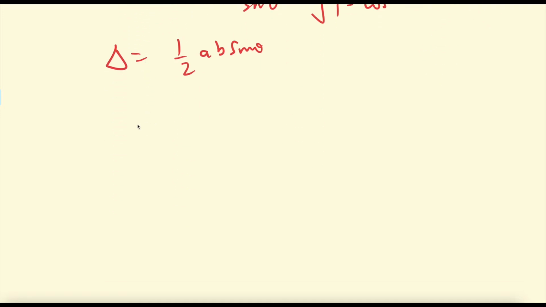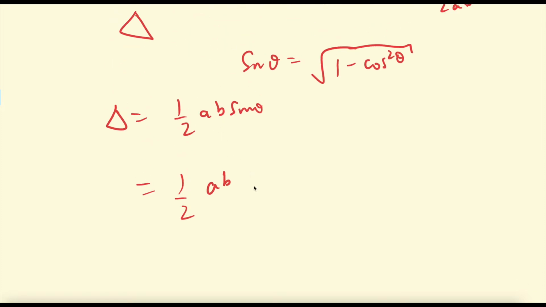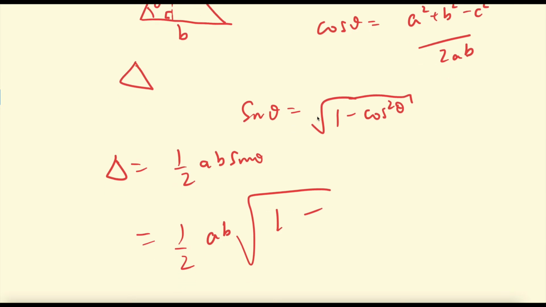So we basically get 1 by 2 ab root 1 minus, I don't like angles or inverse angles, so I'll directly put this value over here: a square plus b square minus c square by 2ab, whole square.